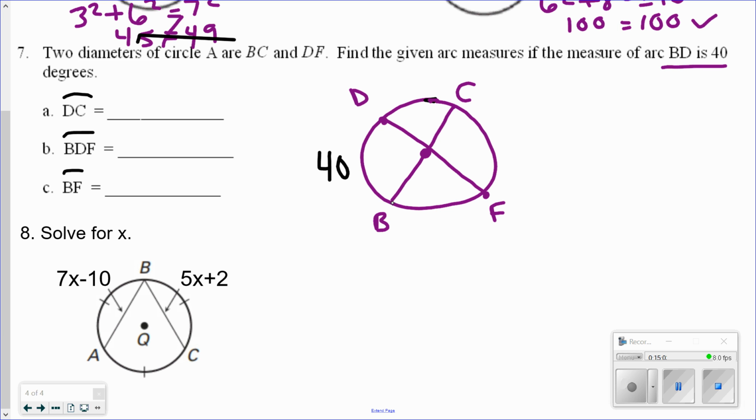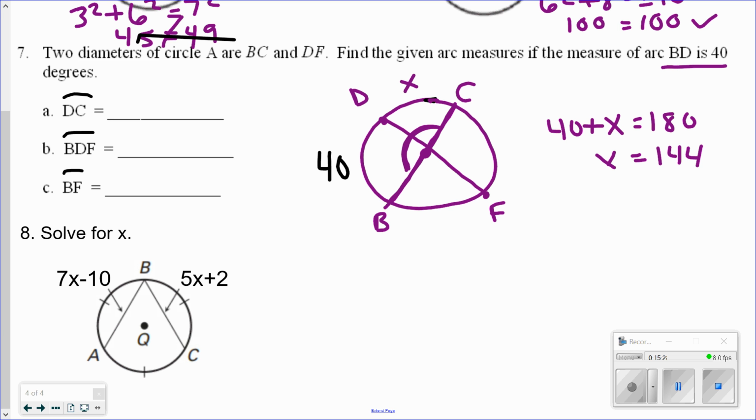Well, since we know that BC is a diameter, then this entire angle measure here is 180. So I can solve for, and I'll call this X, arc DC, by knowing that 40 plus X is equal to 180, which means that X is equal to 140.